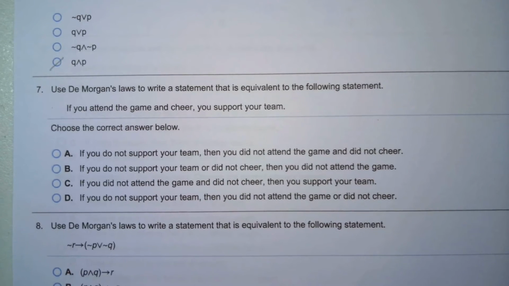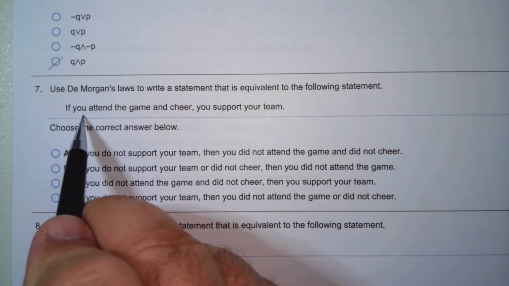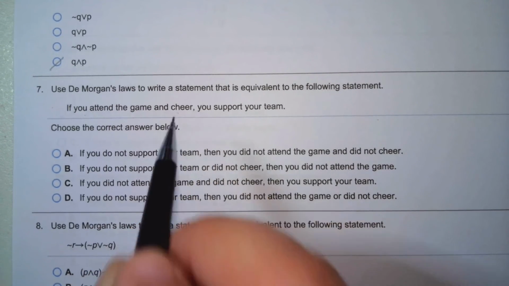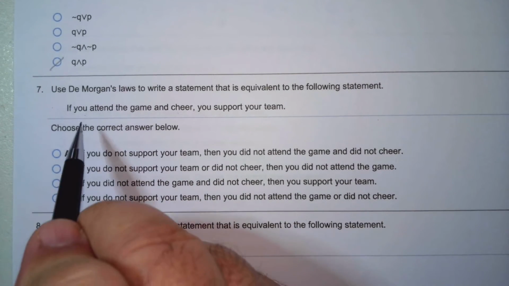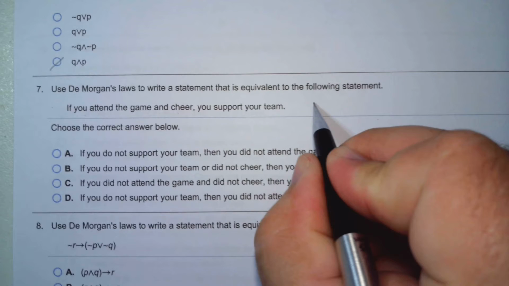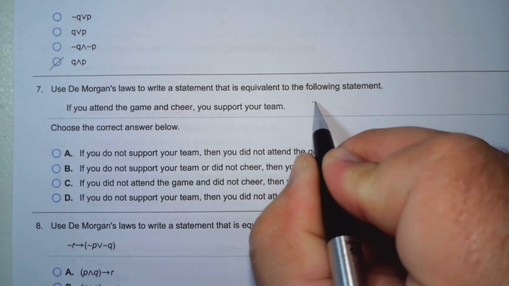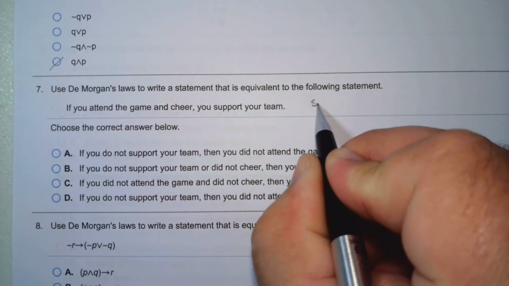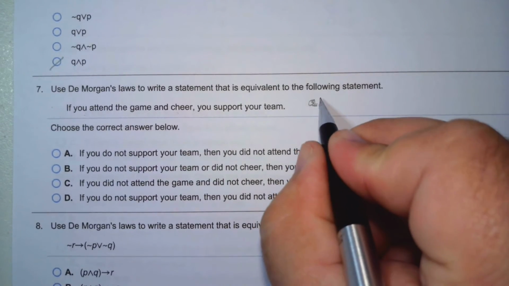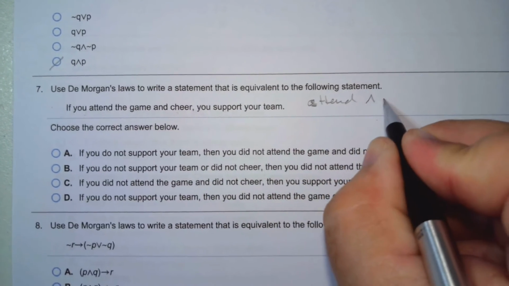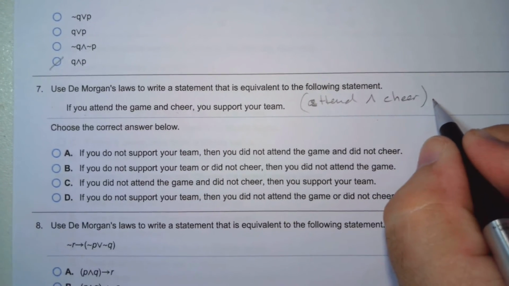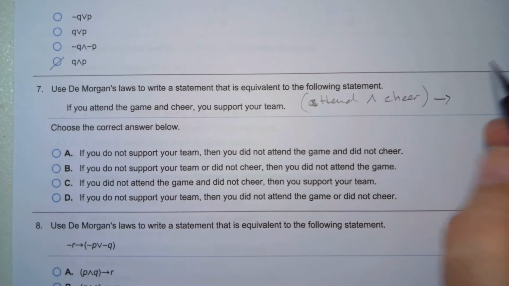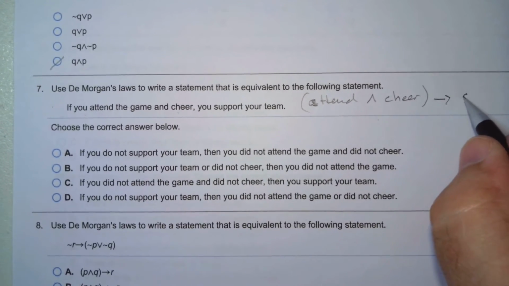Use De Morgan's laws to write the statement as equivalent to the following statement. If you attend the game and cheer, you support your team. So it's an if statement. If you attend the game and cheer, then you support your team.